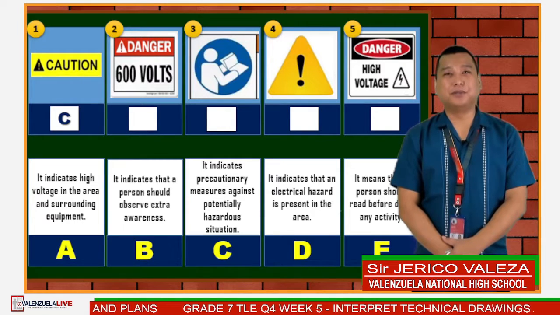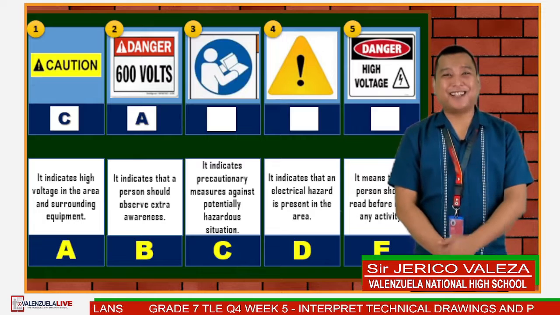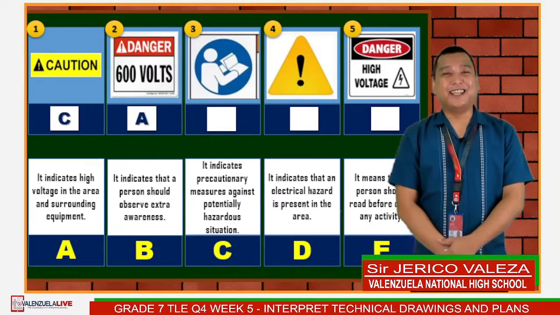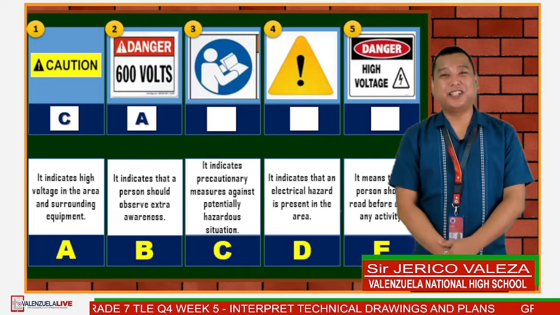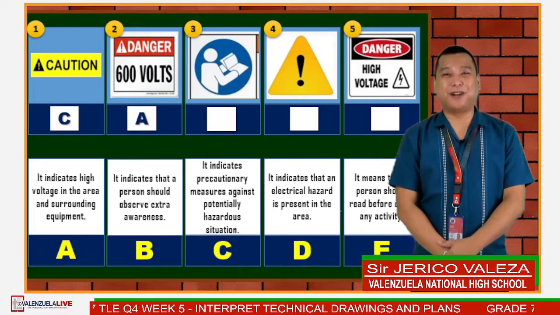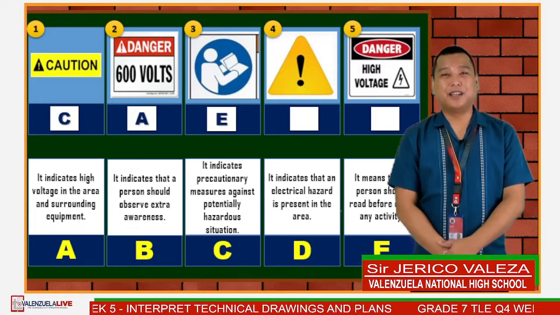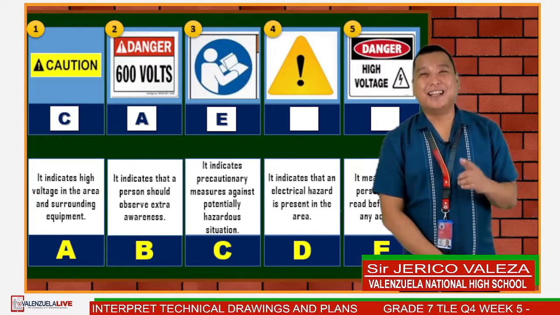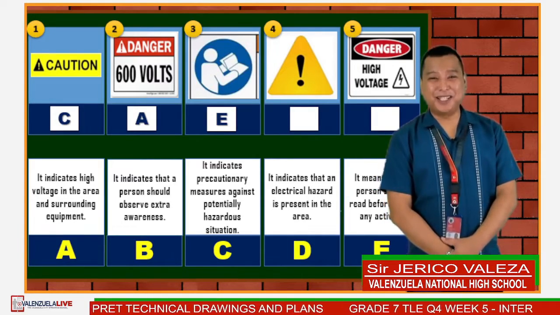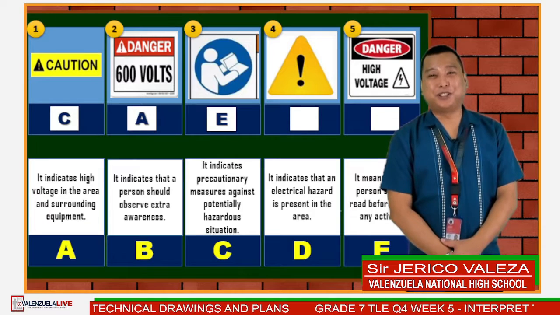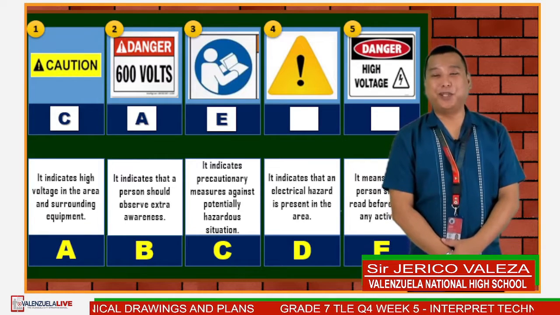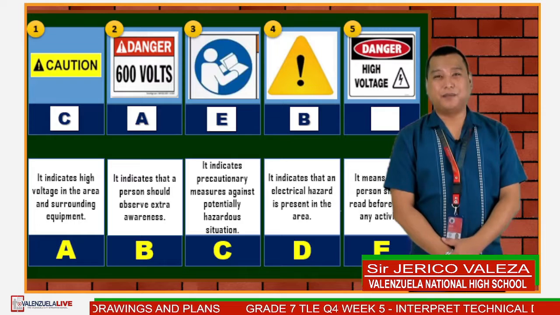For number 2, correct, letter A indicates high voltage in the area and surrounding equipment. Number 3, what is your answer? Letter E. It means that a person should do some reading before doing any activity.